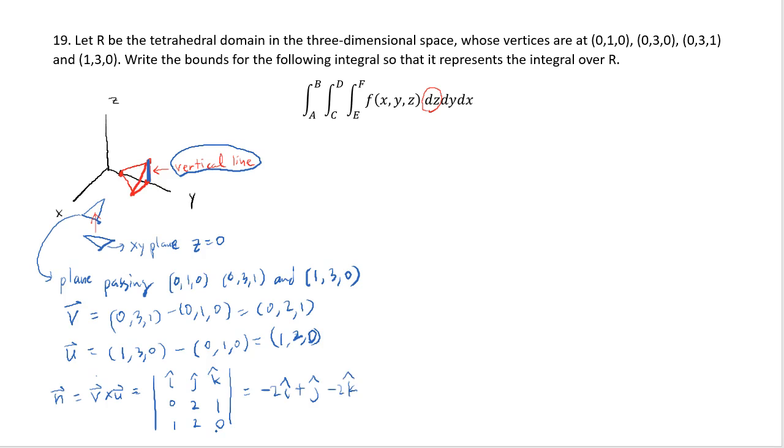Okay, so that's the normal vector. And then you say negative 2 times x minus 0. I'm choosing 0, 1, 0 as x naught, y naught, z naught.